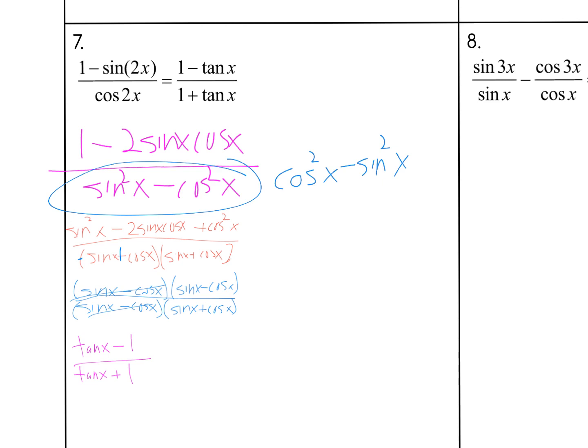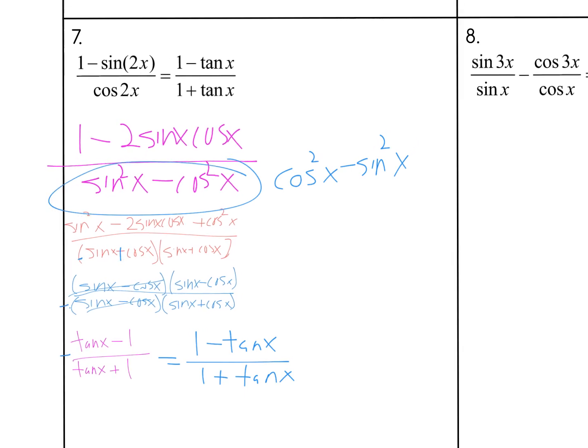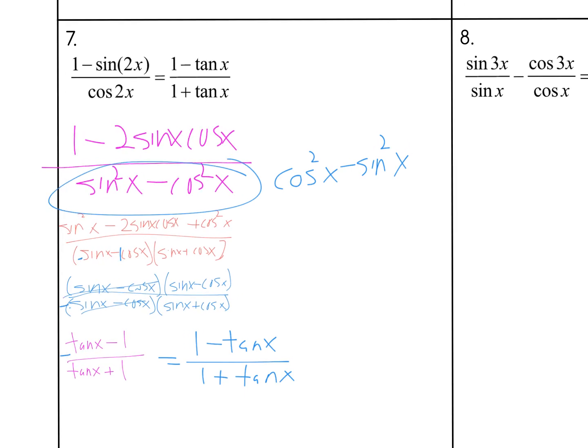And that's going to make a negative show up here, which is going to fix this, which is going to be 1 minus tangent x over 1 plus tangent x. Sorry about that. Made a mistake. And I got interrupted, but I'm going to move over here now. I think I explained everything there. If I didn't, apologies. All right.